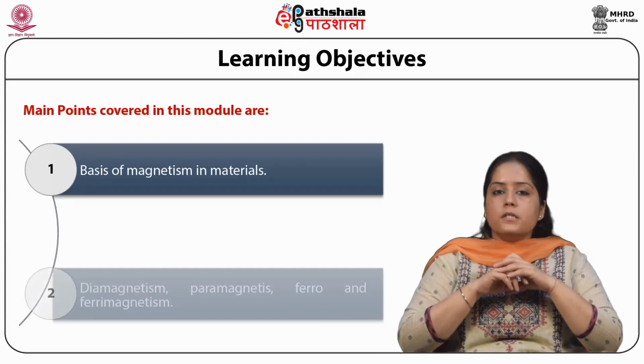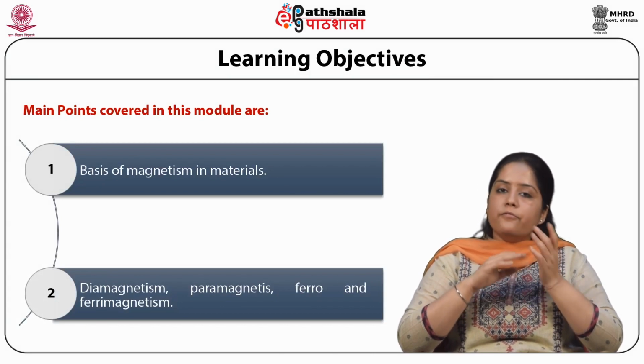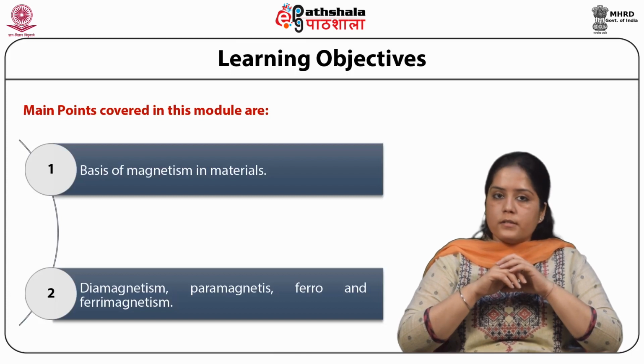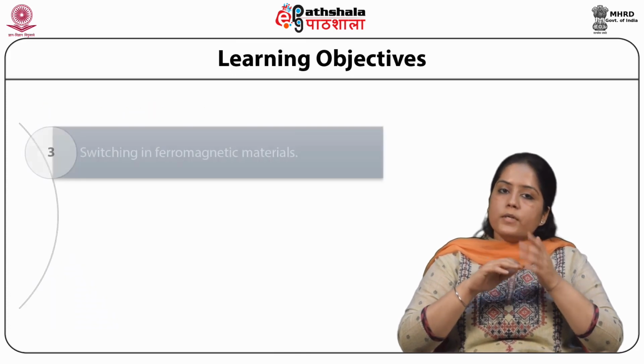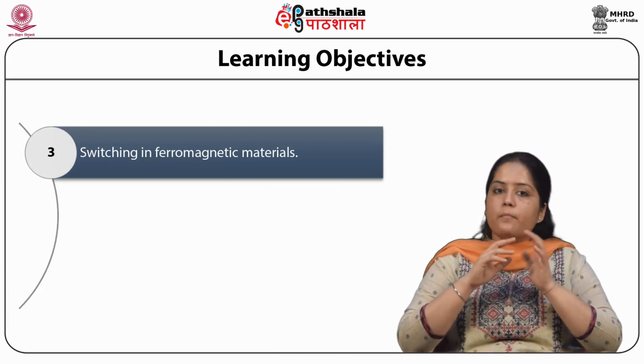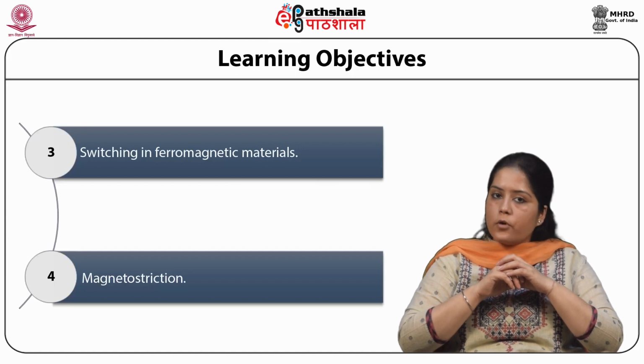Second, diamagnetism, paramagnetism, ferro and ferrimagnetism are also discussed. Switching in the ferromagnetic materials leading to magnetostriction is also discussed in this module.